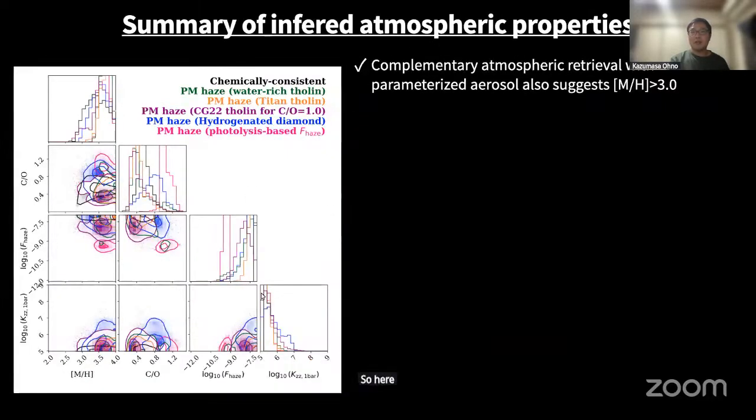So here is the corner plot showing the posterior distributions for each atmospheric parameter.